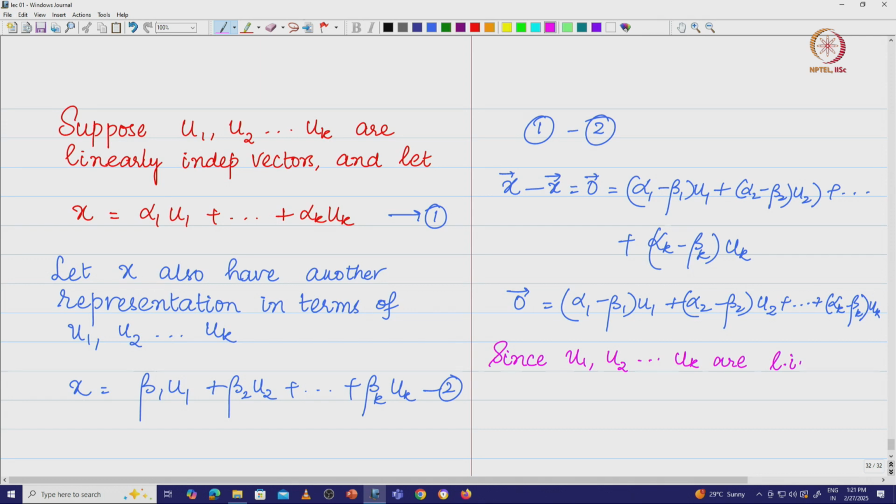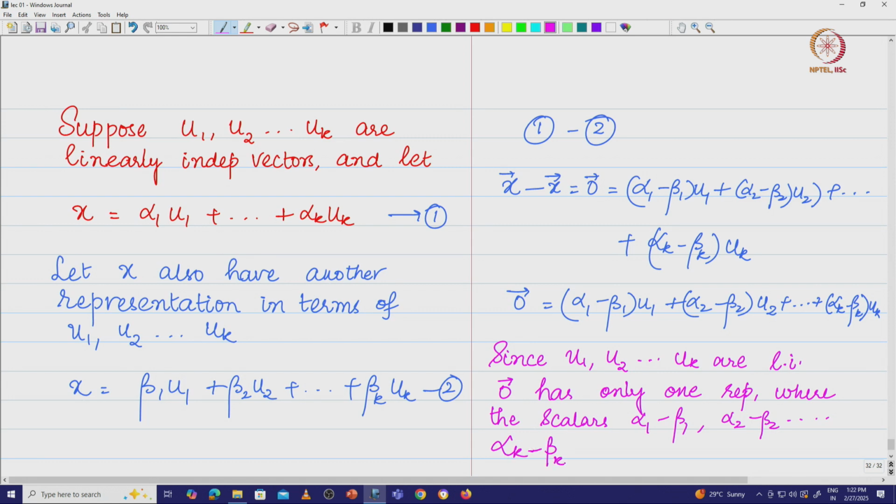The 0 vector has only one representation, wherein the scalars alpha 1 minus beta 1, alpha 2 minus beta 2, etcetera, alpha k minus beta k are all 0.